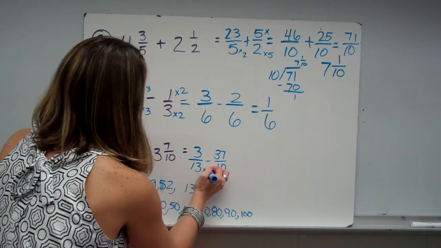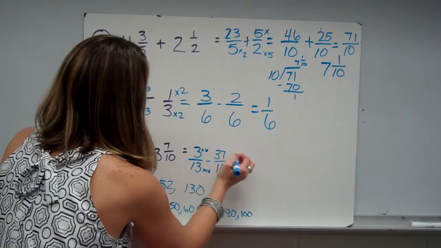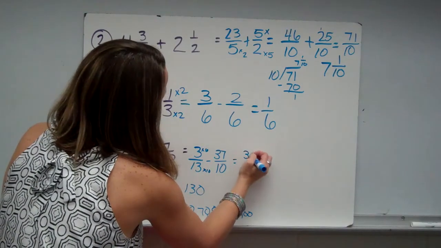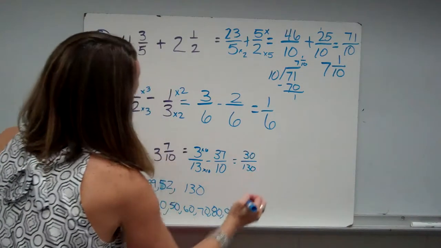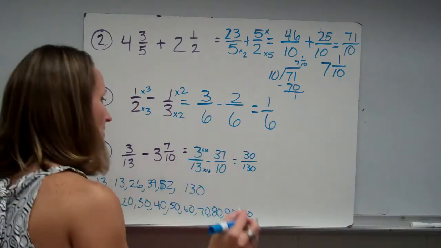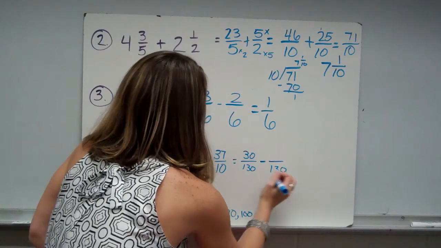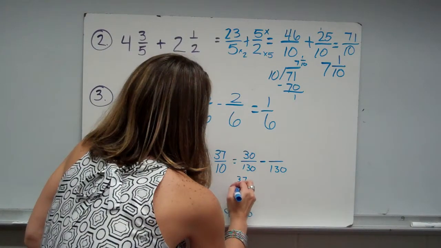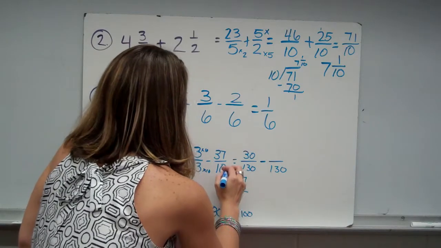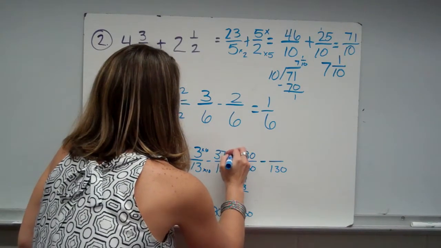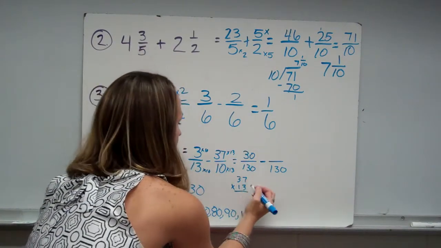So this will be times 10. This will be times 10. So I'm going to get 30 over 130. Ooh, this is going to be ugly. And I'm going to get minus 37 times 13, because both have to be times 13. 3 times 7 gives me 21.